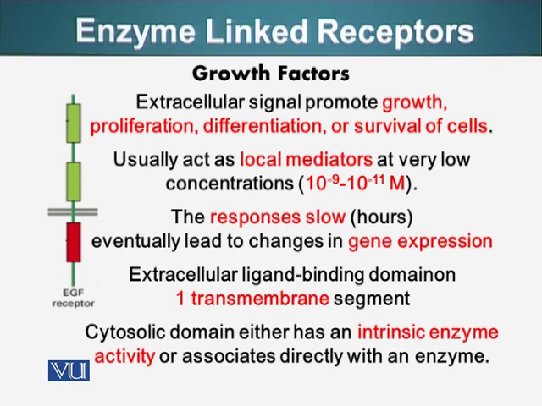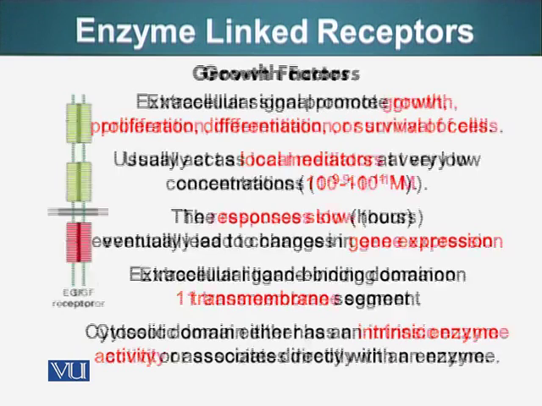The cytosolic domain of these receptors has an intrinsic enzyme activity or is associated with an enzyme. The extracellular domain, of course, is responsible for detecting the ligand or the signaling molecule to which it binds, and causes a conformational change that affects the cytoplasmic domain as well.